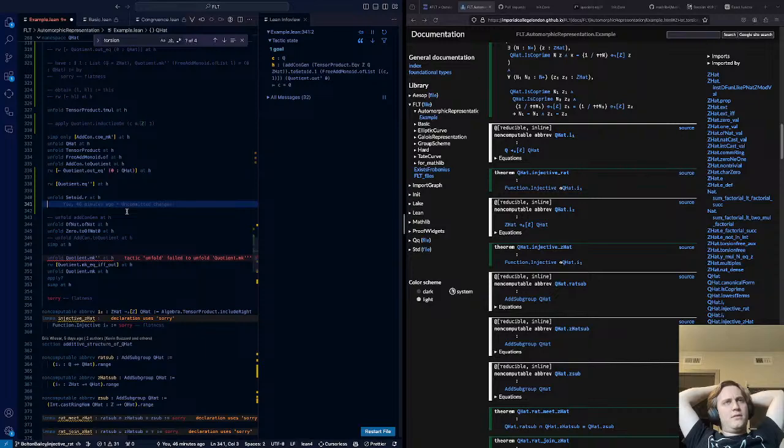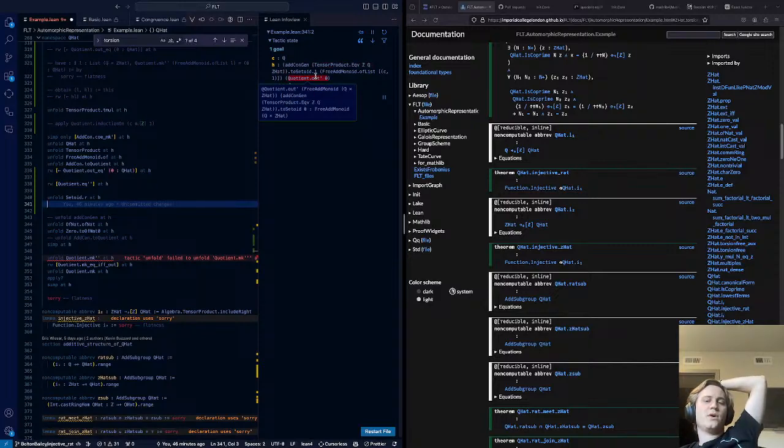AddConGen. Free add monoid of list. So what I basically want to do is Quotient.out' of 0. So this is what I get out from 0. The question is, how is 0 defined?